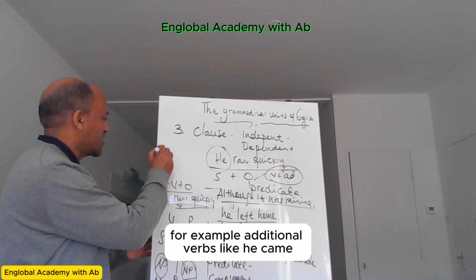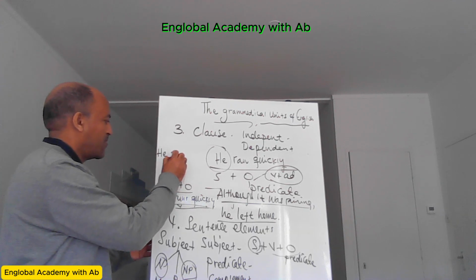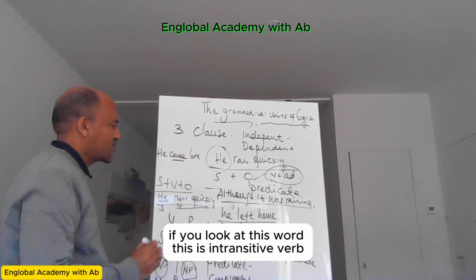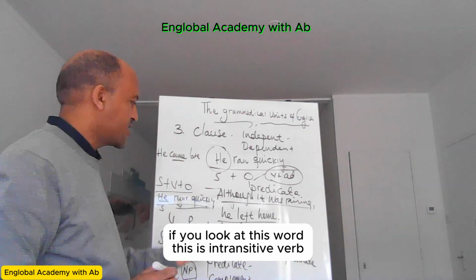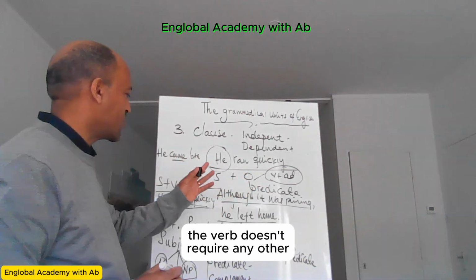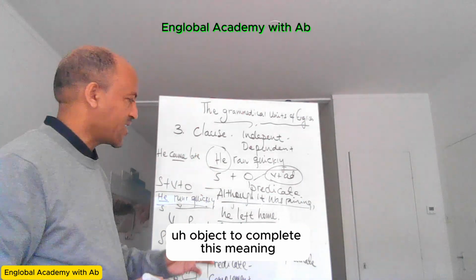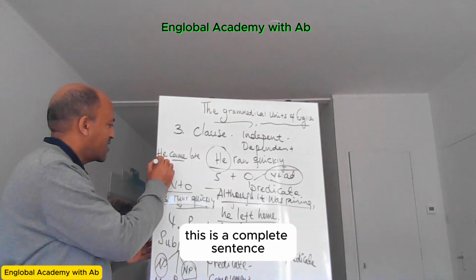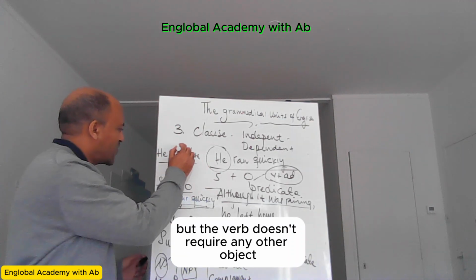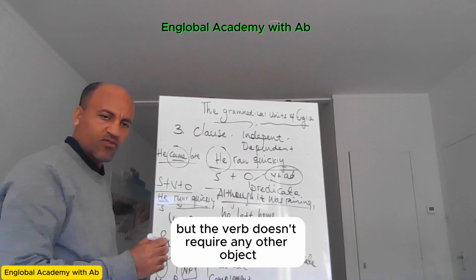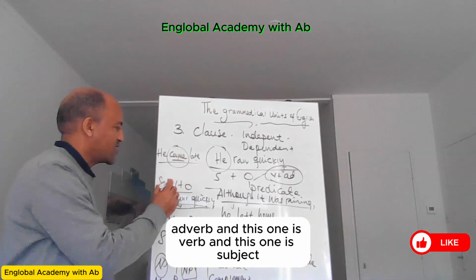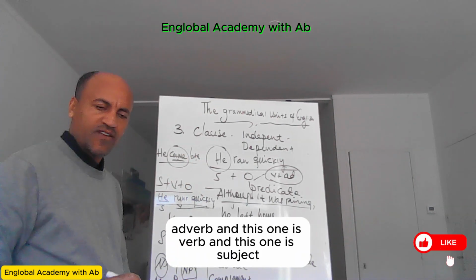For example, he came late. If you look at this word, this is an intransitive verb. The verb doesn't require any other object to complete its meaning. This is a complete sentence. This one is the adverb, this one is the verb, and this one is the subject.